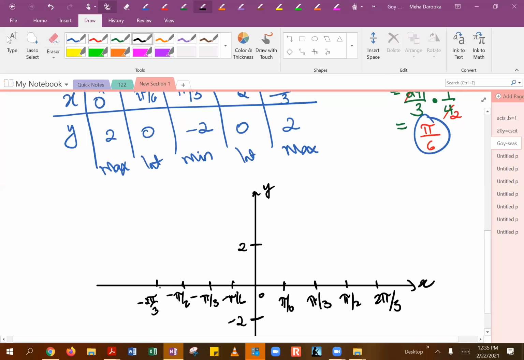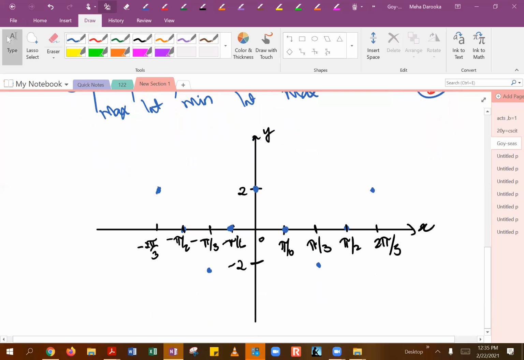Okay, so let's see, we have maximum, intercept, minimum, intercept, and maximum. And then on the left-hand side, we will have intercept, minimum, intercept, and maximum.